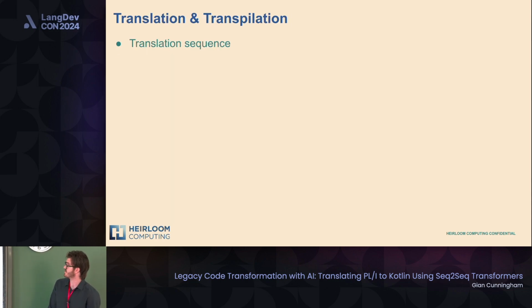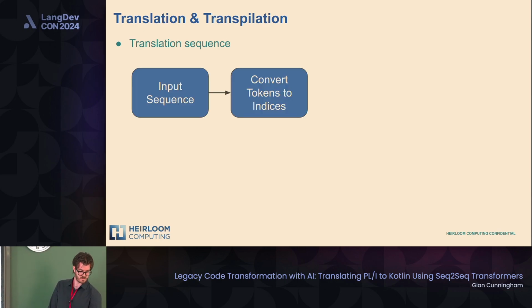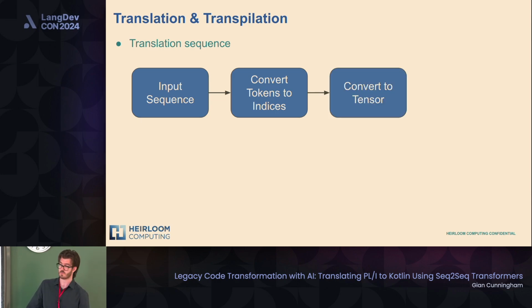We then get to 2 functions I had to define in my project. First of all, a translation function, where we start by having our input sequence, and the tokens from this input sequence are converted to their indices. We then convert these indices to a tensor to comply with our PyTorch library for the neural network.